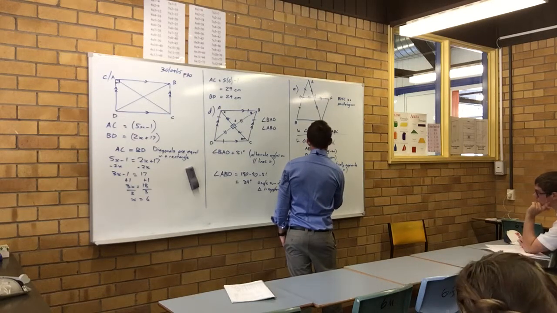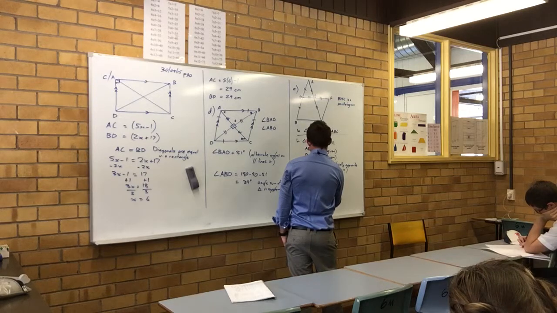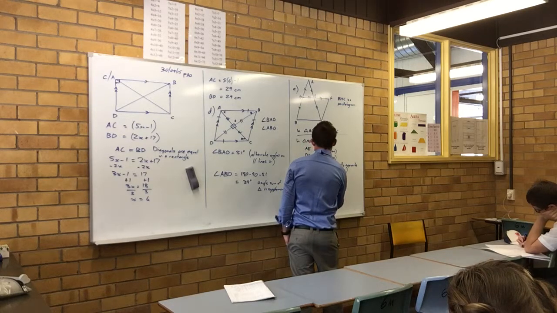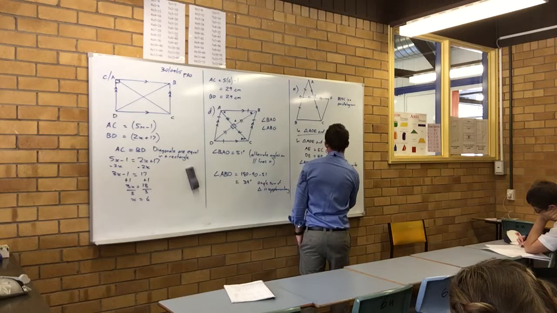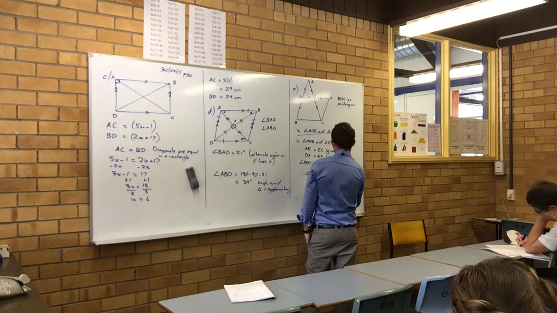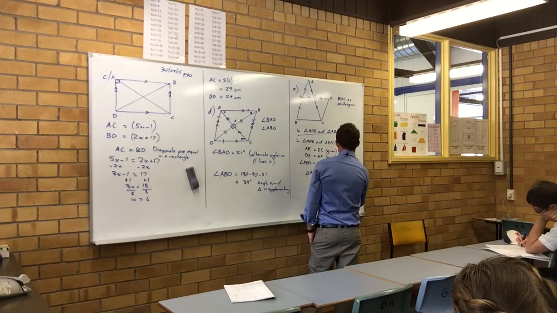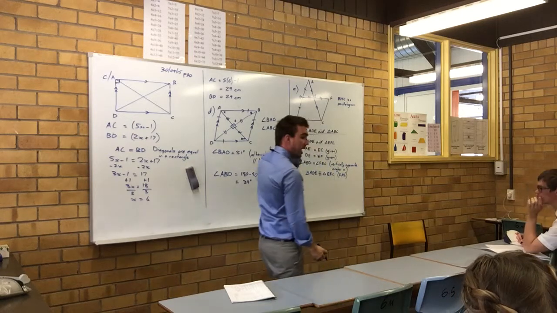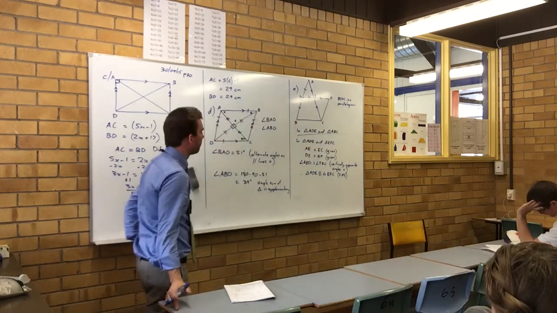Therefore triangle ADE is congruent to triangle EFC, side, angle, side. Okay, because the angle was the included angle between them.